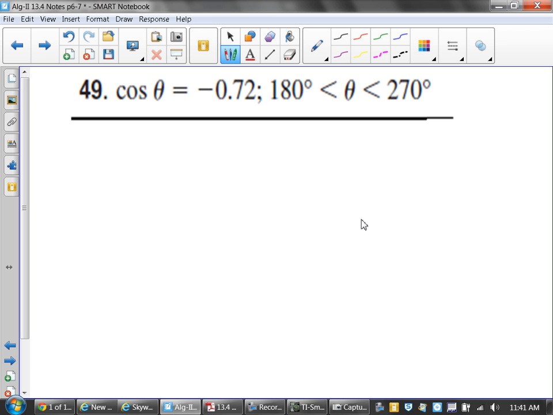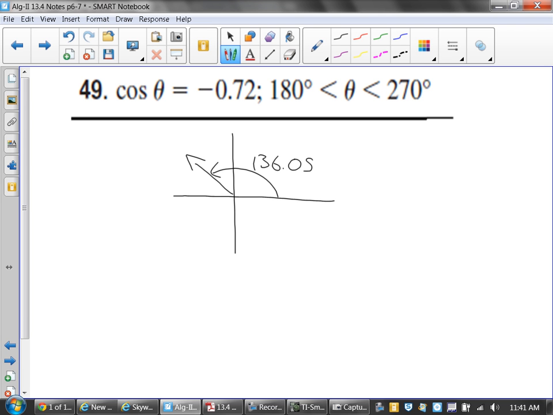Take a look at this one. This is a kind of weird scenario when you have to worry about an obtuse angle out of a cosine. When you inverse this, what'd you get for theta? 136.05.